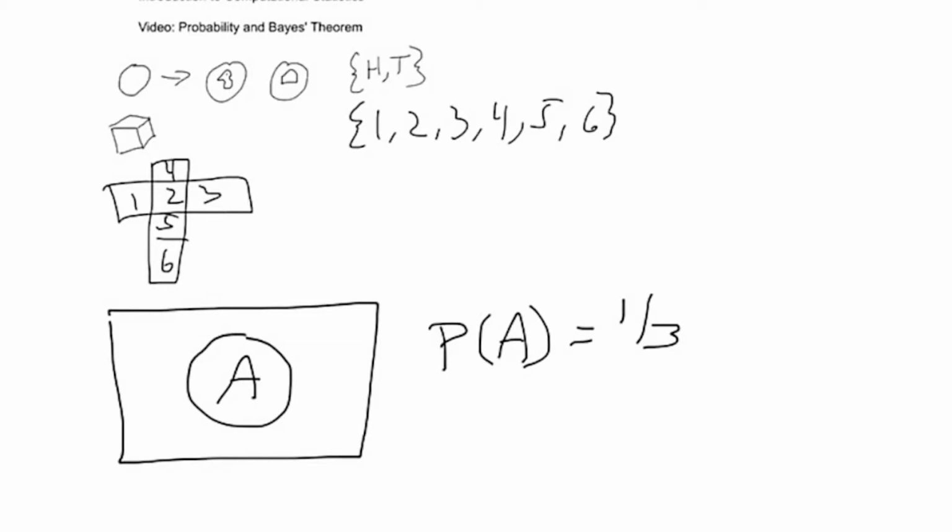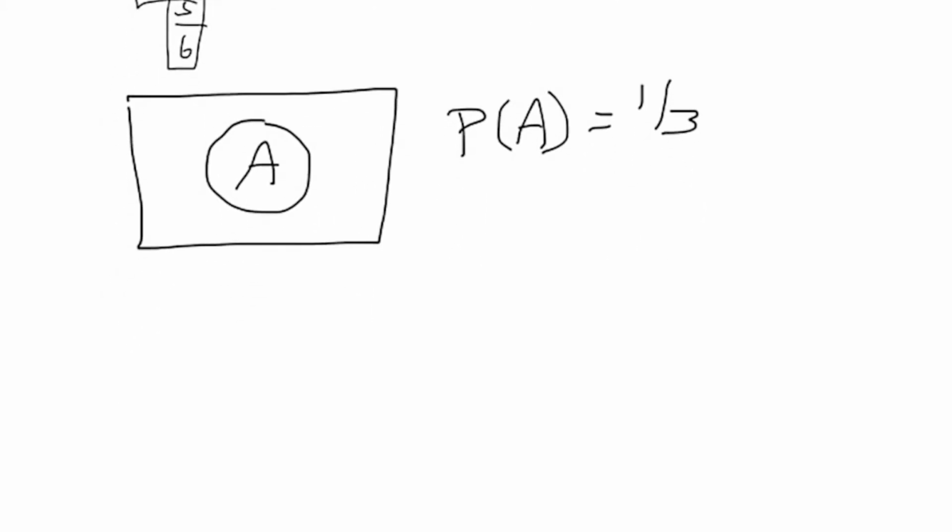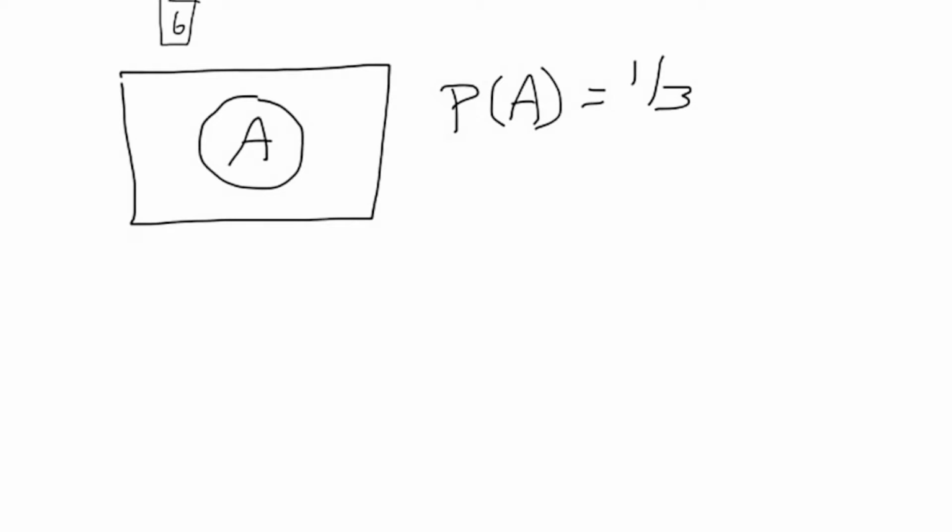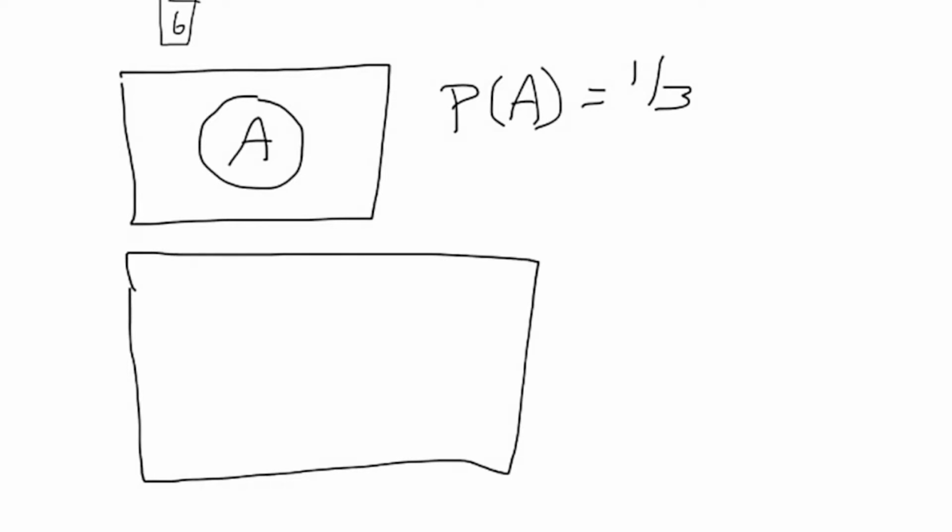So the reason this is a useful way of thinking about probability is that we can then go from this to thinking about how we would deal with joint probabilities or a sample space with two different outcomes. So let's draw another sample space a little bit bigger.